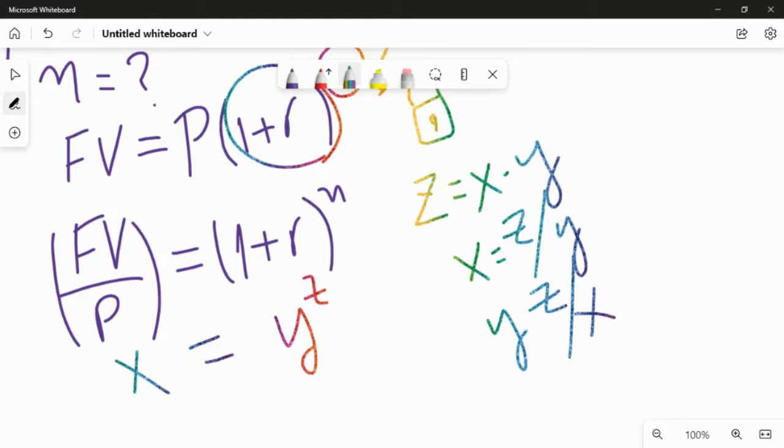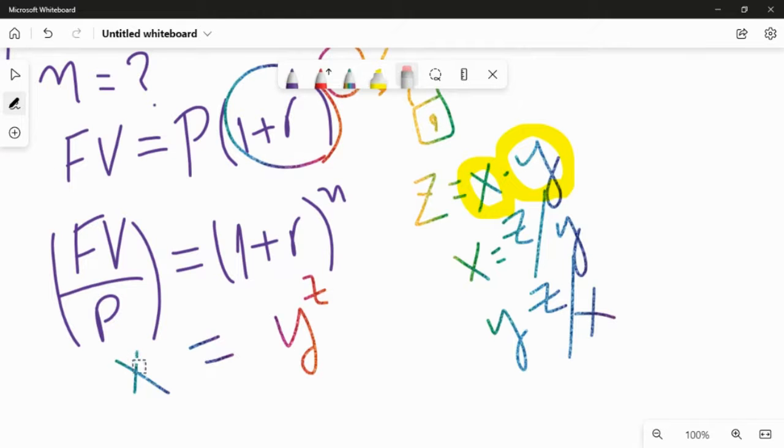No, no, no. But it's not. Look, this is a product, right? It's a multiplicative function. Z equals x times y. Only then you can solve for x or y, because then it's z divided by y. But how can you? Is this a multiplicative function?